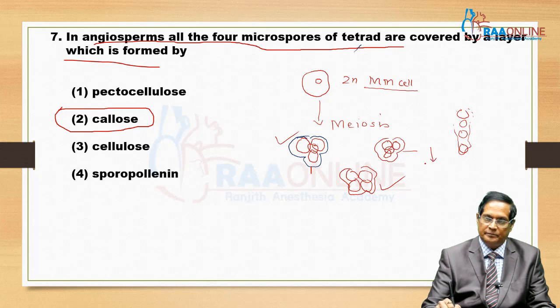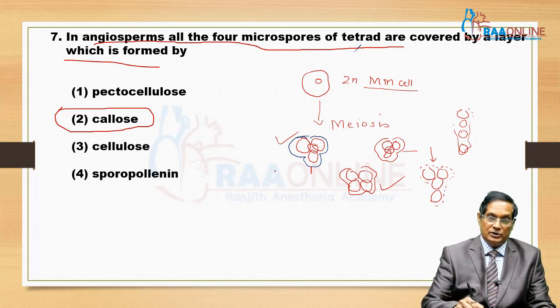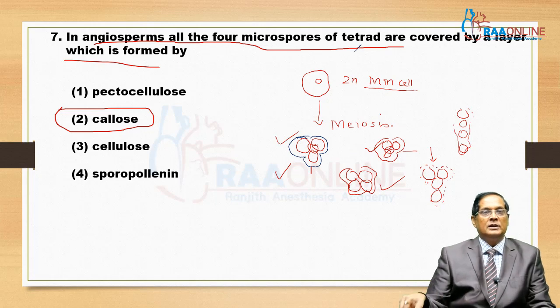Then it may be a T-shaped tetrad. So, these are the various types of tetrad, with the callose covering. But you should learn only these two because these are important.